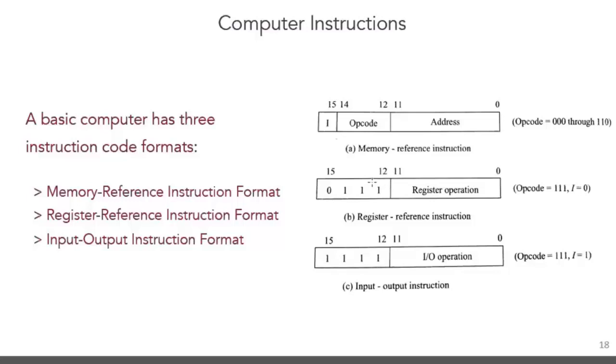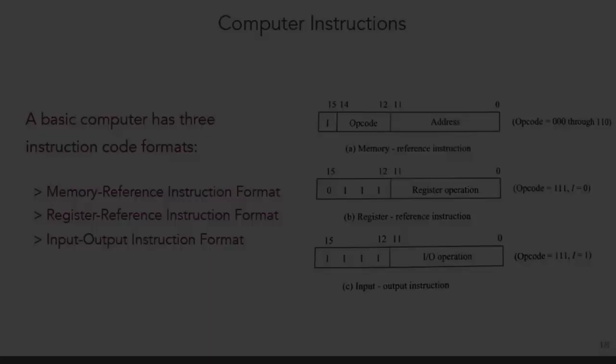This binary is for 0 1 1 1, which is the binary of 7. Okay, that's why F is written here in the case of input output instruction, and in the case of register instruction 7 is written, because 0 1 1 1 is having the decimal value equal to 7. 1 1 1 1 is having the hexadecimal value equal to F. Okay, this is the reason.